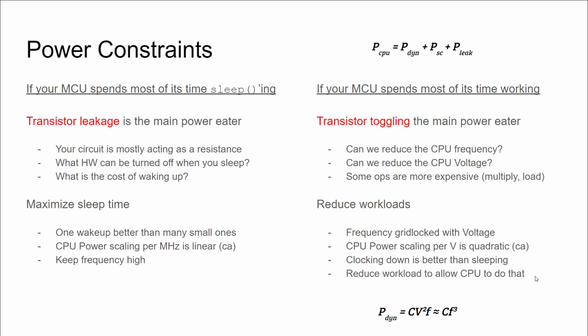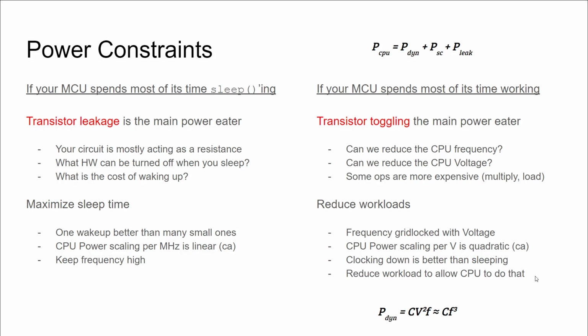You also got the short circuit power, which is what you get when the hardware is connecting a 0 and a 1 wire, and normally that shouldn't happen, but while transitioning from a 0 to 1, that actually happens quite a bit. And it's really hard to model, and it's usually therefore just multiplied into the dynamic cost of transistor toggling. We usually therefore often ignore it.